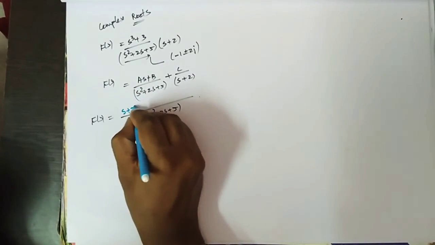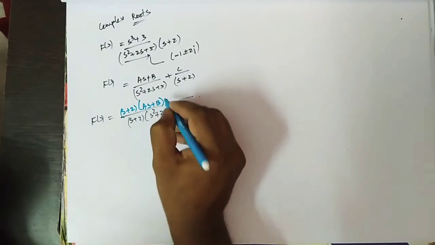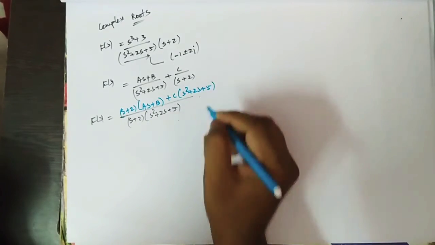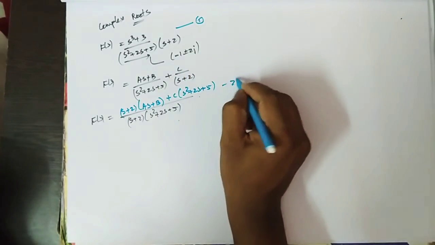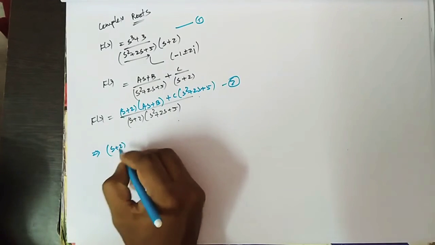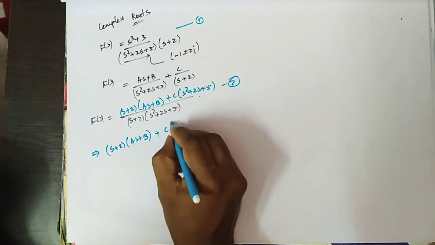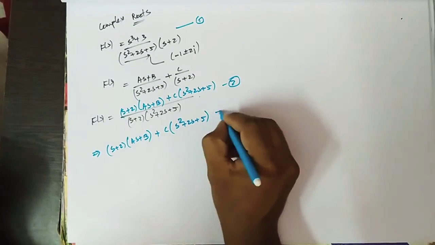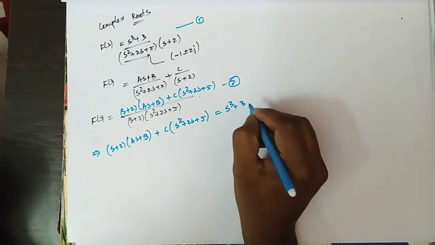So (s plus 2) into (as plus b) plus c into (s squared plus 2s plus 5), equating the numerator only, equals s squared plus 3.